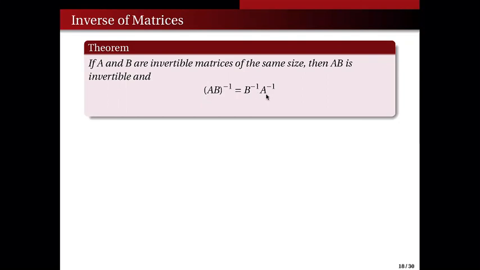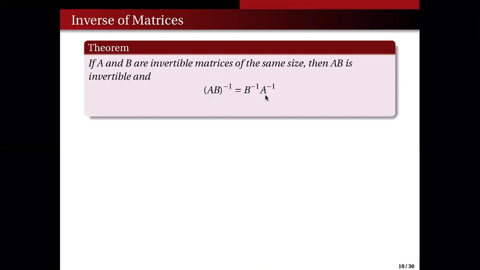But take note of this guy here. On the left-hand side, you have product AB. So A is on the left, B is on the right. Then you get the inverse of that. When you multiply the inverses of A and B, your left factor will be coming from the B. So you have B inverse here.